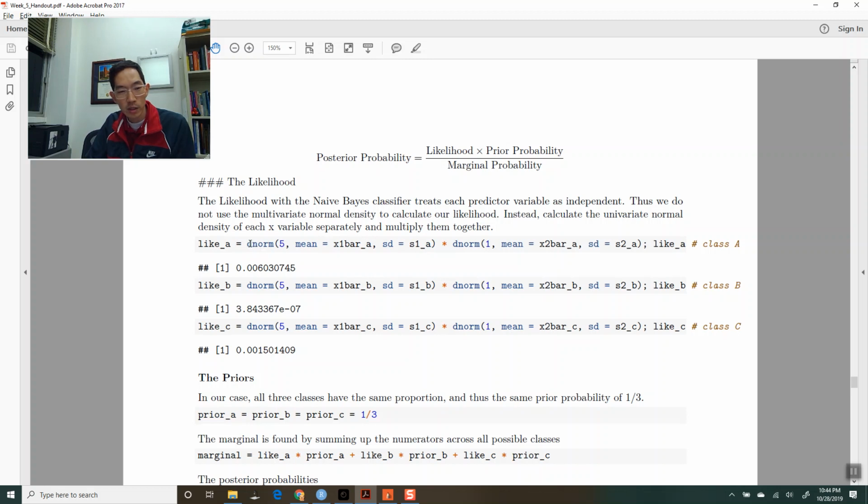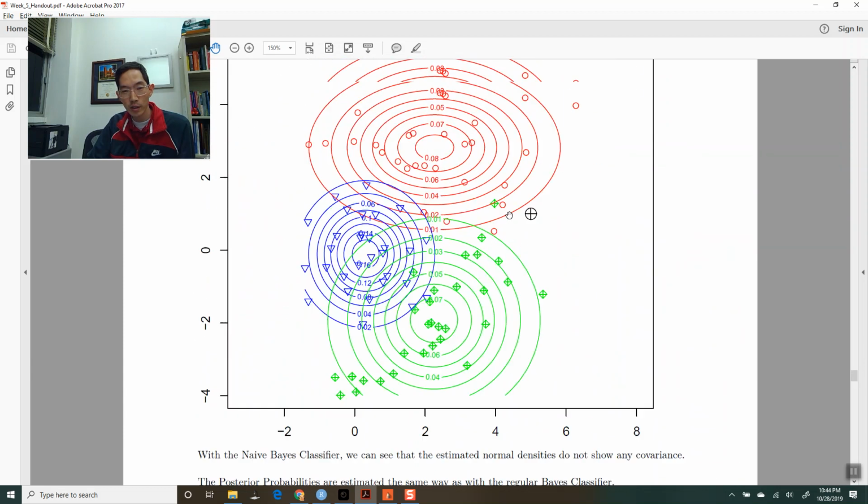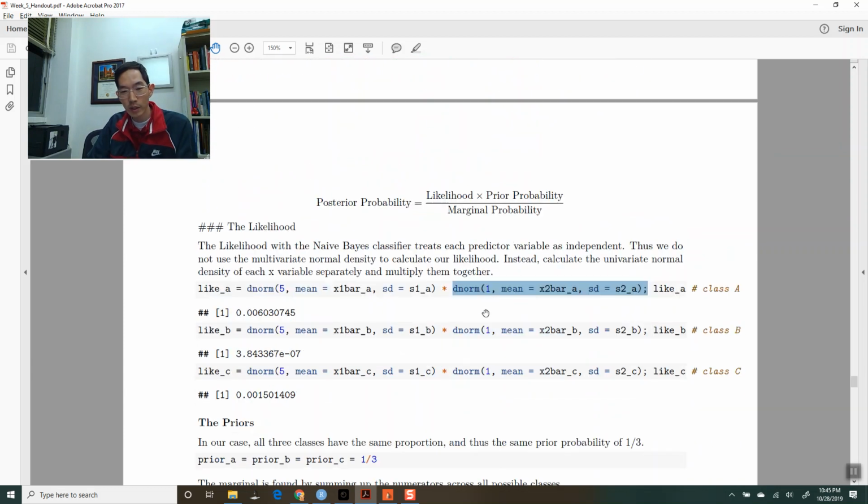It's just the normal density, d for the normal. I give it one value, the 5, and I give it the mean for class A and the standard deviation for class A. Then over here I have the other variable, which has a value of 1, and we give it the univariate normal and the mean of x2 and the standard deviation of x2 for class A, and we take the product of those two things.